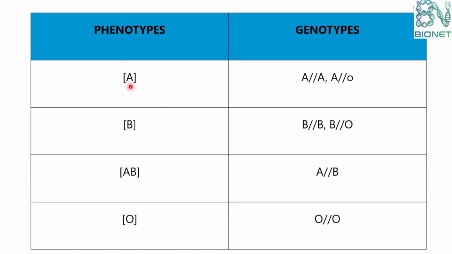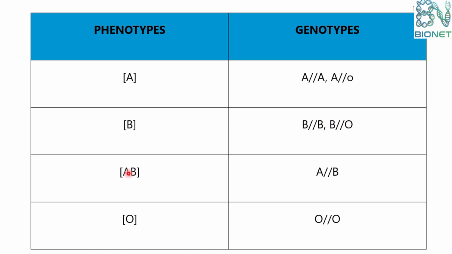If the phenotype is A, the genotype is AA or AO. Okay, we pay attention that in the case of dominance, a dominant phenotype can have two genotypes, homozygous or heterozygous. If the phenotype is B, the genotype can be BB or BO.